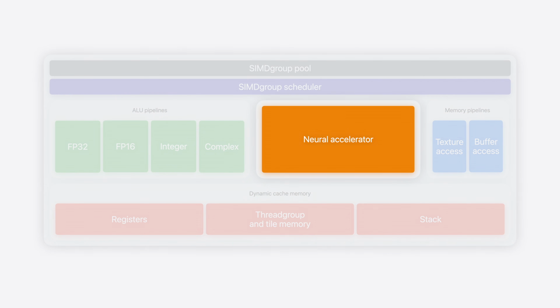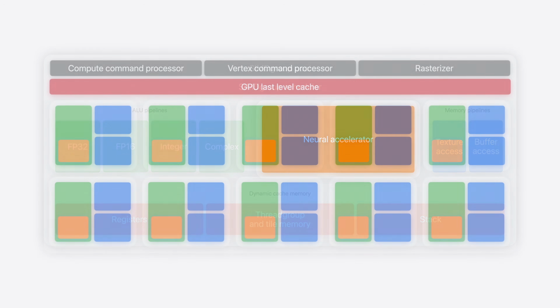The neural accelerators sit right here, alongside the ALU pipelines. This physical locality enables fast, seamless interoperation with code running on other GPU pipelines. It also means neural accelerator capacity scales directly with core count, so workloads that use them efficiently will scale well as you move up the M5 family.